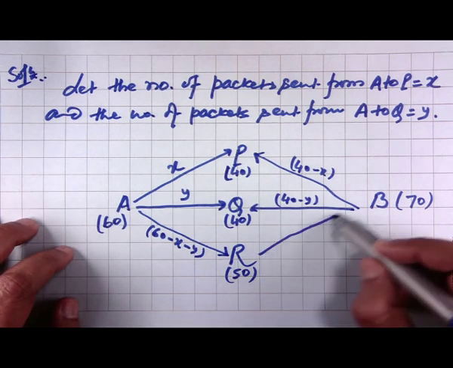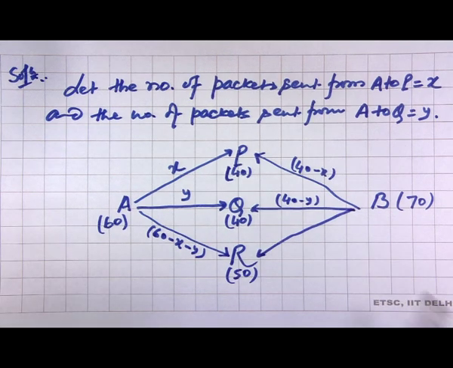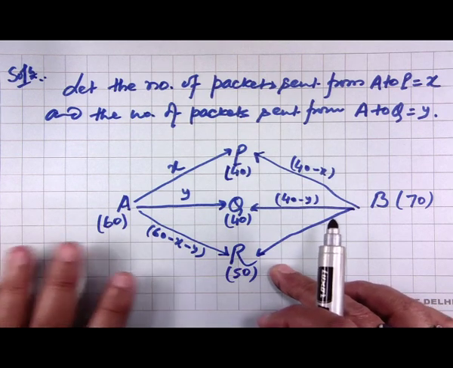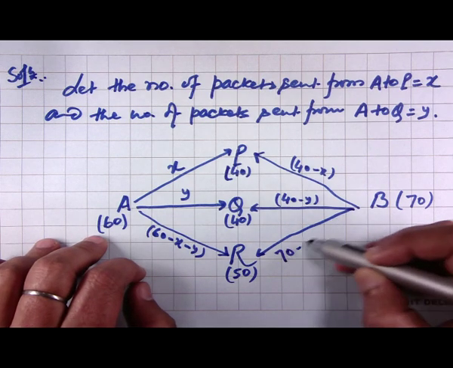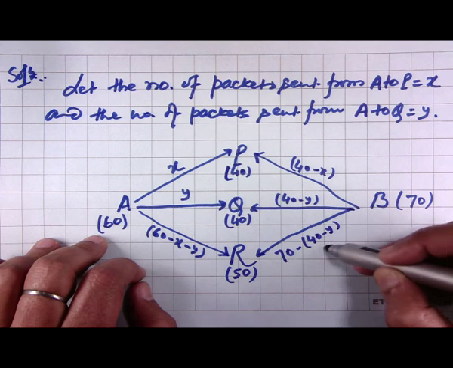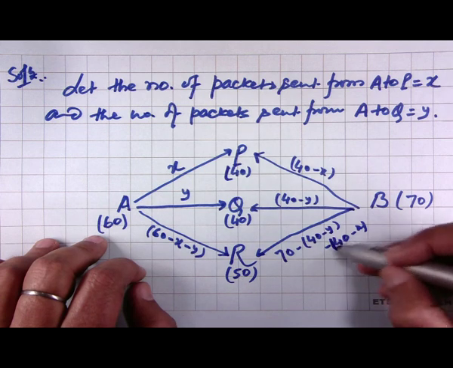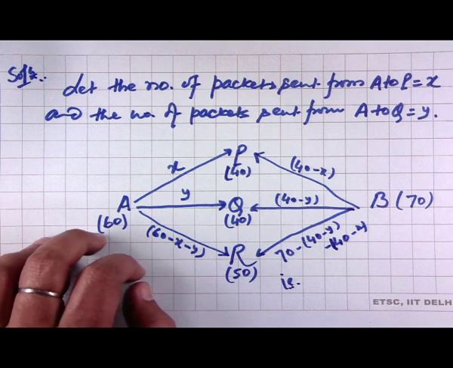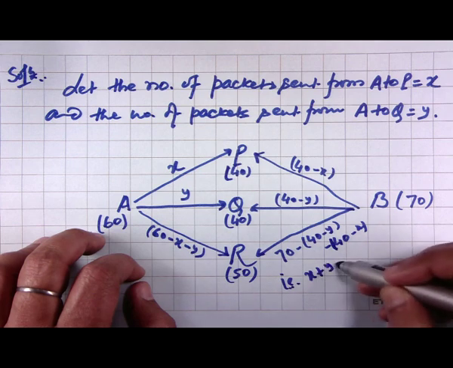Now the rest of the packets of B will be sent to school R, and that will be 70 minus (40 minus y) minus (40 minus x), that is x plus y minus 10.